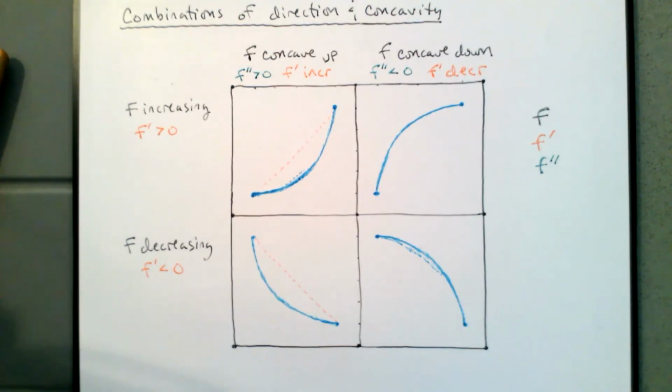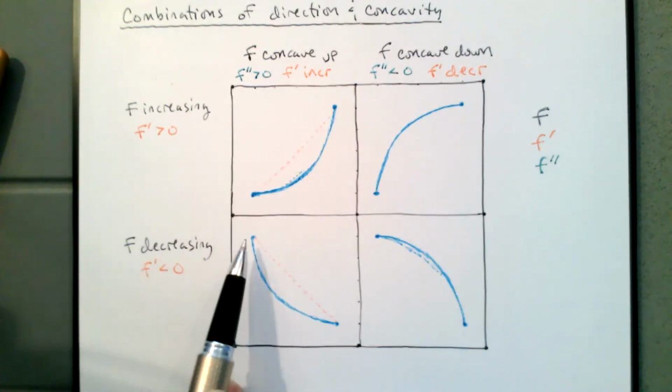On the bottom square to the left, it's decreasing and concave down. Is that correct? What's decreasing? F double prime? No. F is decreasing.